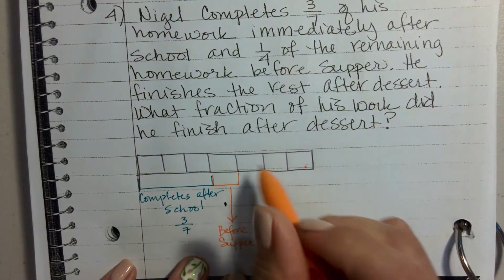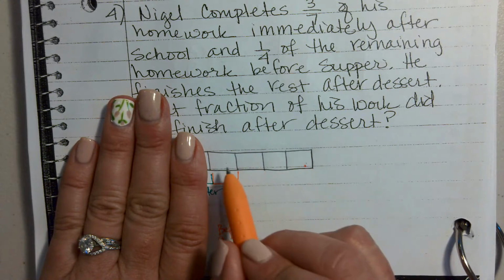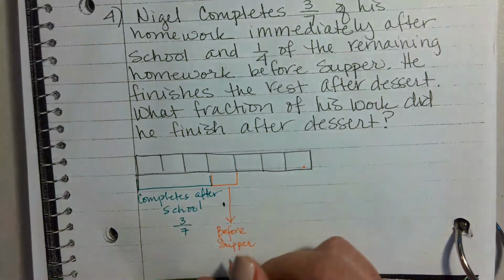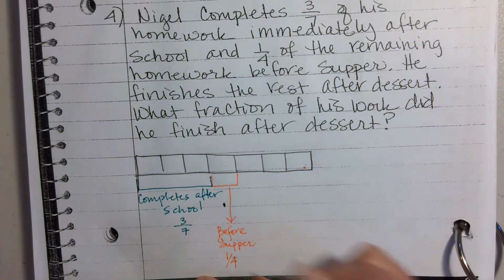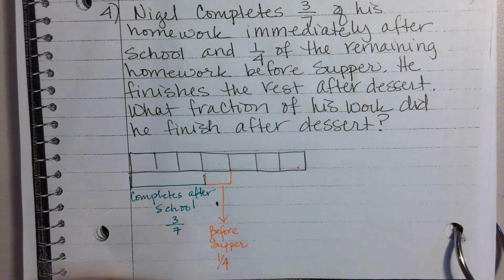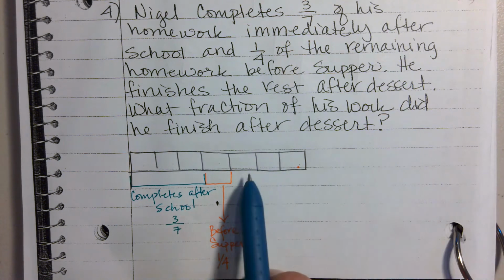So do you see how we got that? Because this was taken away and he did 1/4. So 1/4 of the remaining is right here, right? 1/4. So here is where we're left with, well, when does Nigel finish the rest of his homework?